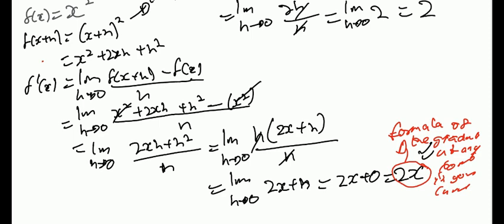So when they say at x equals -2, you just put -2 on your 2x. When you see your x, you write -2, then you find your gradient.